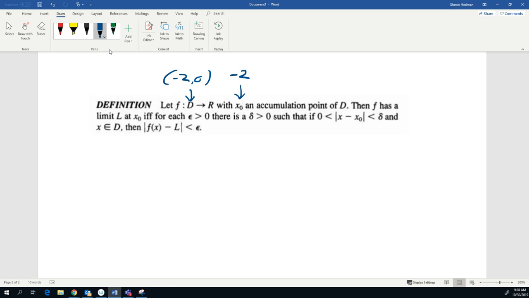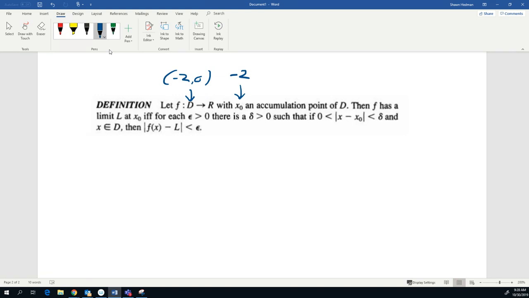The reason -2 is an accumulation point is we can find a sequence of numbers in our set D that converges to -2. That's the definition of an accumulation point.